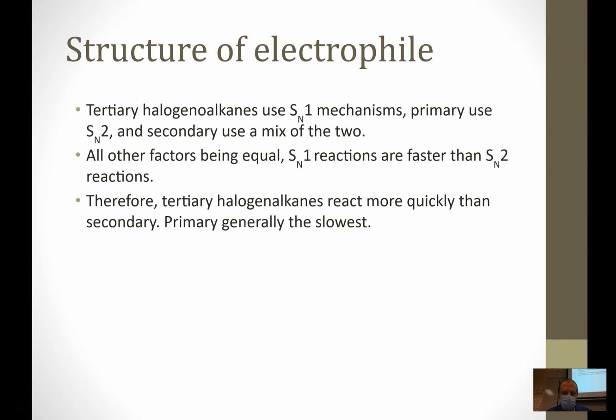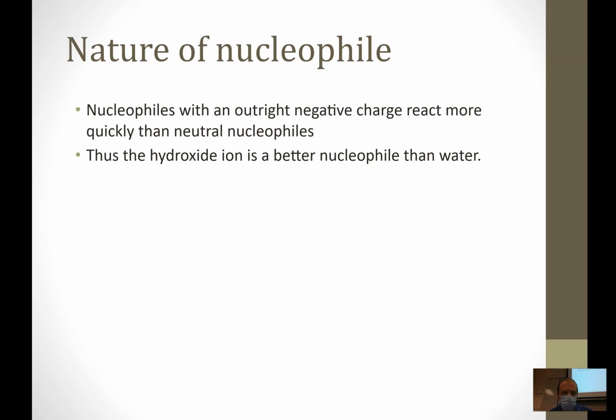Generally, tertiary halogenoalkanes are going to be the fastest to react because they're going to use Sn1. They'll be faster than secondary, and then primary are going to be the slowest because they always have to do Sn2. So that's another factor. And you will have to evaluate the speed of the reaction at different times.